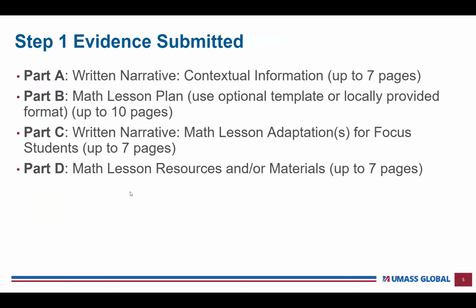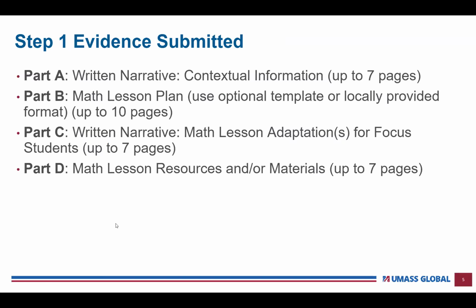For step 1, evidence that will be submitted is part A, B, C, and D of the templates. Part A is your written narrative contextual information, up to 7 pages. Part B is your actual lesson plan. It says you can use an optional template or locally provided format, up to 10 pages. We provide you the template in your clinical practice course for the CalTPA template, which we will be requiring you to use.